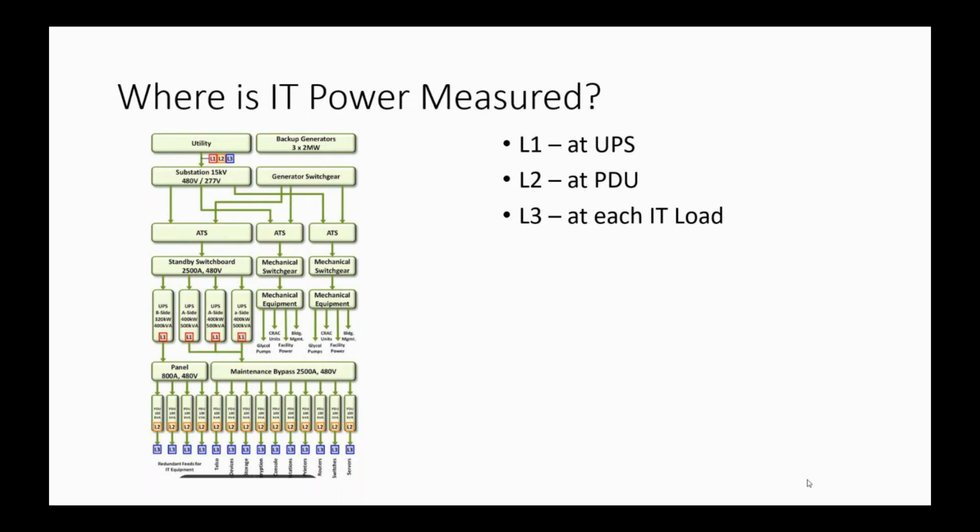Because in PUE L1, the losses at the data center level are all being attributed to your IT load. So if you really want accuracy, you want to be at L3. But again, when you see the reporting, do you know it is L1 versus L2 versus L3? No, you don't, because there is nobody saying, what did you measure it at? I would like you to specify, right? In other words, PUE needs to have a massive list of subscripts to be able to say what this is.